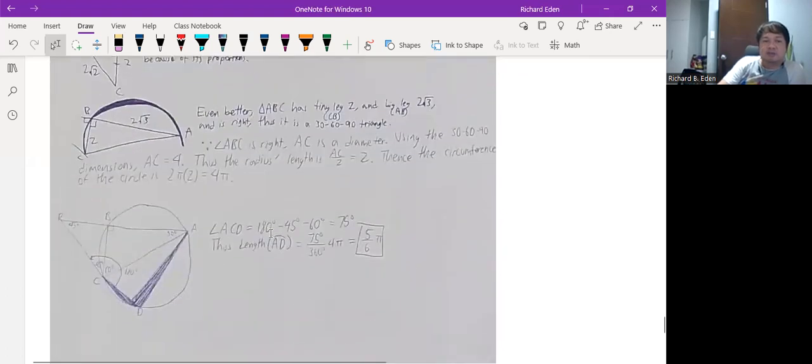Okay, so what you did here is you figured out ACD, the inscribed angle. So it should be 75 degrees kasi you have that 180-degree angle from R going to C going to D. Then we already have seen 45 degrees and 60 degrees, so the remainder must be 75 degrees.